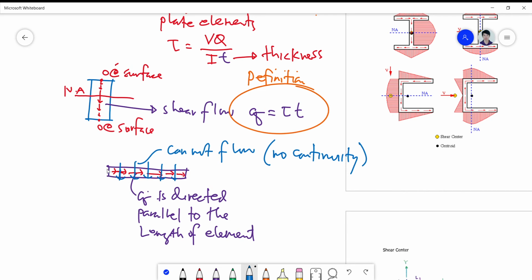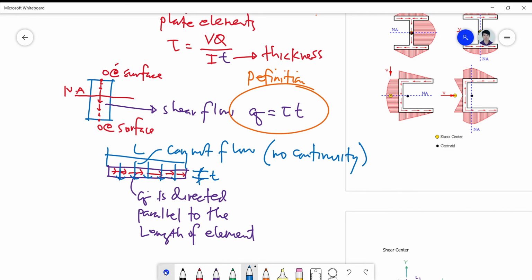And since the thickness t is so small compared to the length, say L, then the flow perpendicular to the length or through the thickness t is neglected. Okay? So there's no continuity.